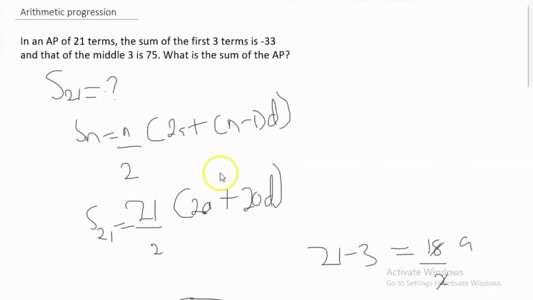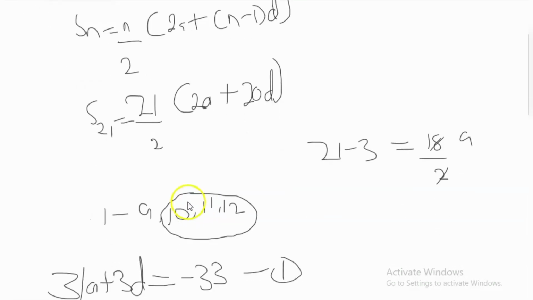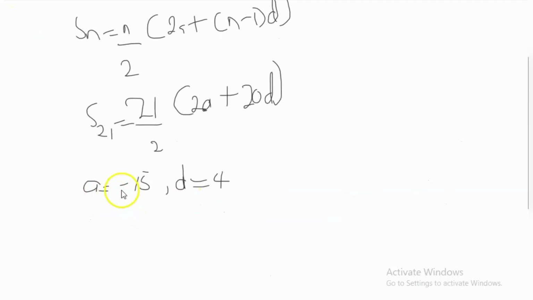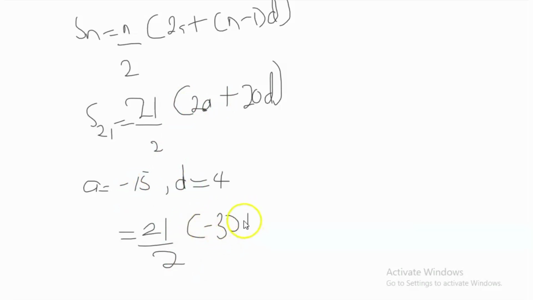So all we have to do is put that into this equation. A is equal to minus 15 and d is equal to 4. So this would be 21 over 2. Instead of writing 2 multiplied by minus 15, we can just write negative 30, plus 20 multiplied by 4, which would be 80.